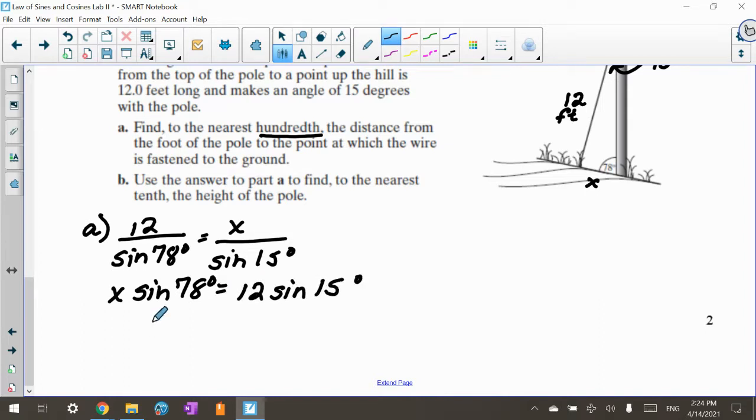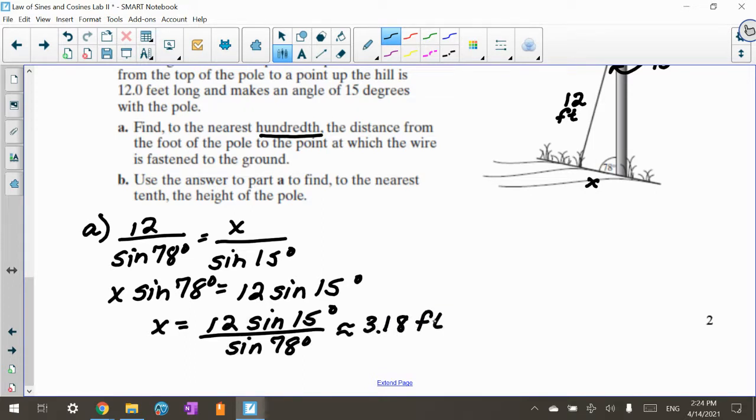Then divide by the sine of 78, and x is 12 times the sine of 15 degrees divided by the sine of 78 degrees. When I do that, I get, to the hundredths, 3.18 feet right here from the bottom of the pole to the wire. So that's cool. We just answered A.